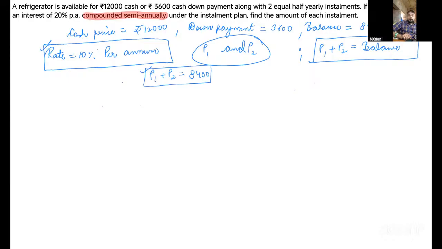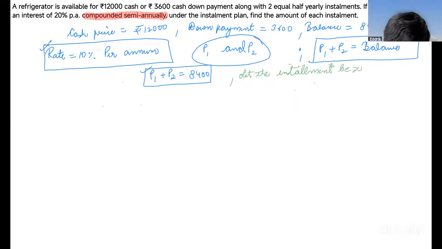Now for finding the principal first, because we don't know the installment, we will let the installment be X. X is the installment amount that I have to pay.